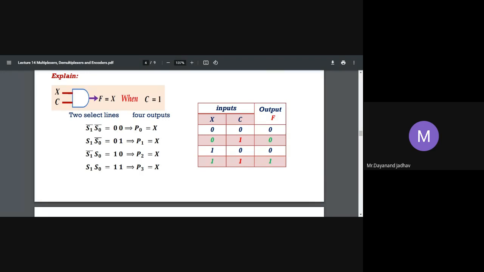X and C given, then F is X only when C is 1, so it can be implemented.